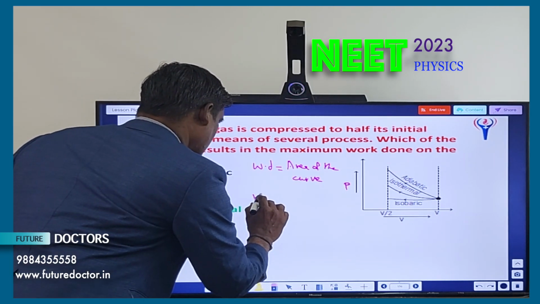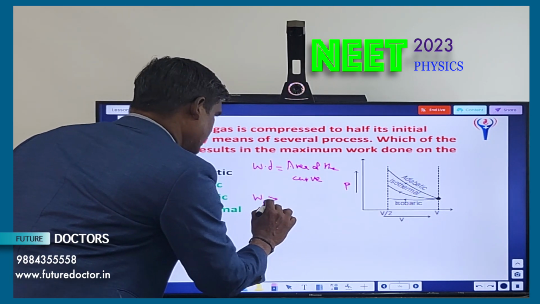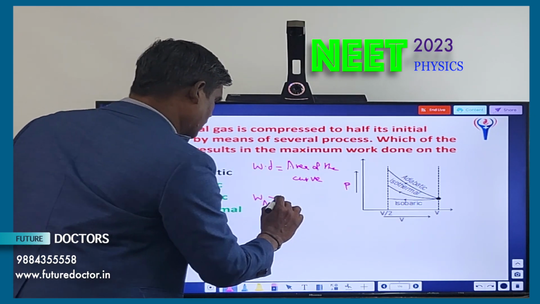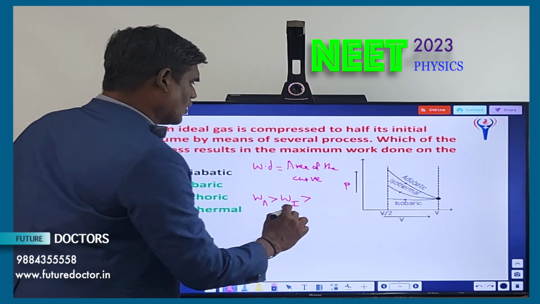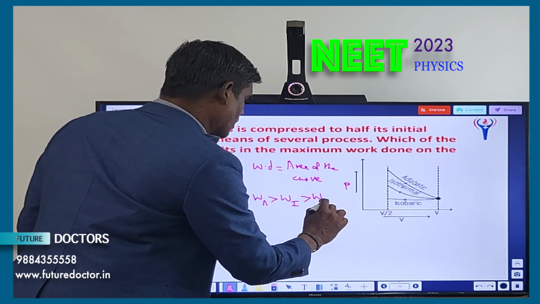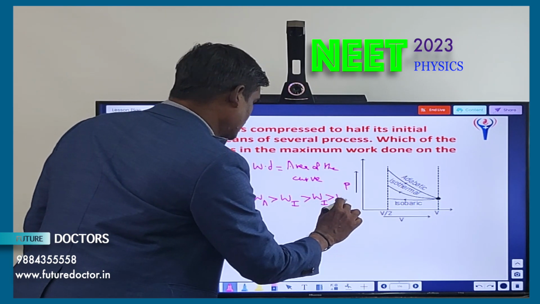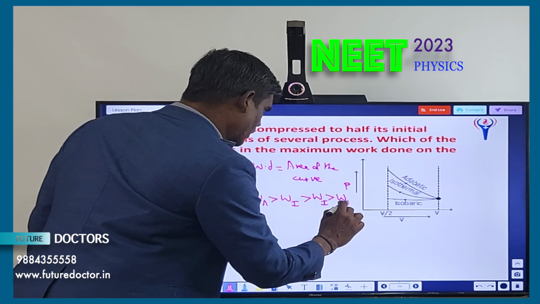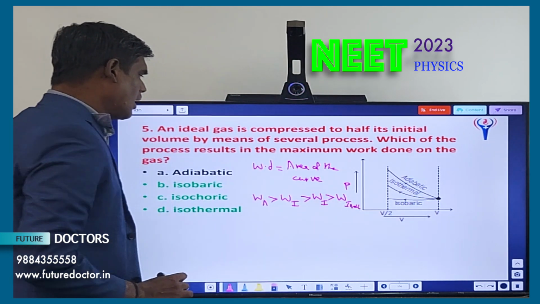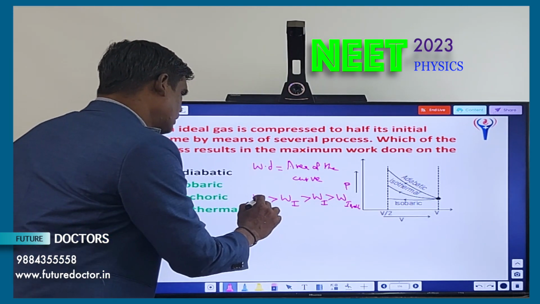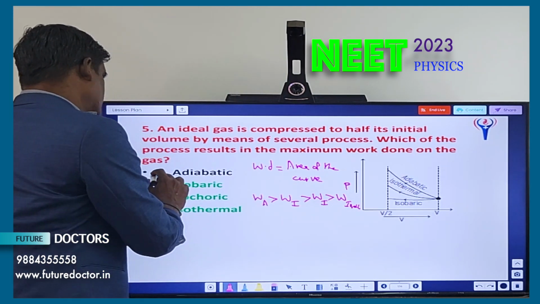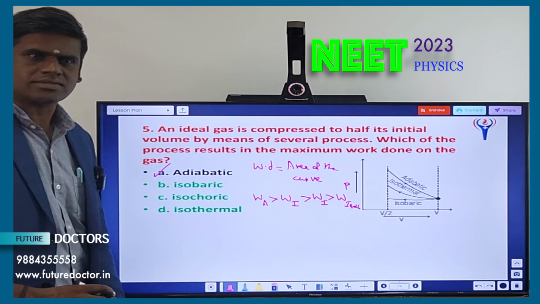Work done in adiabatic is greater than isothermal, which is greater than work done in isobaric, and that is greater than work done in isochoric, which here is 0. Therefore, work done in adiabatic is maximum. Therefore, option A is the correct answer.